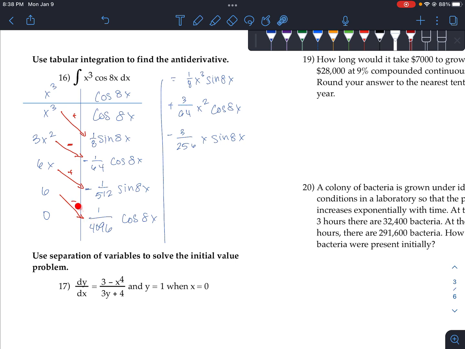And then here is going to result in 6 over this, which will reduce to 3 over 2048, no x, and then cosine of 8x, plus c. So that should be your answer there.